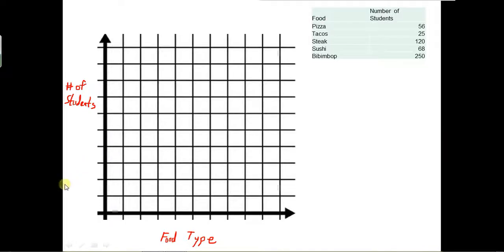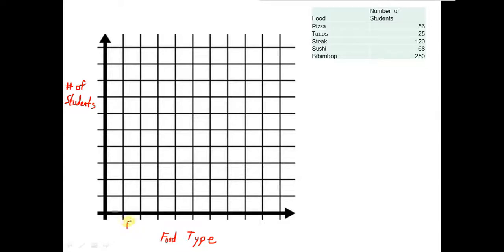Now our next step is to look at the scale, or what each of these grid lines is going to represent, what number. Now down here on the x-axis, it's easy. We don't have numbers, we have types of food. We have 5 types of food, and so we're going to have 5 different bars. I'll say we'll make each of these spaces a 1 by 1 box, or one by however many it goes up, and those rows will be our bars.